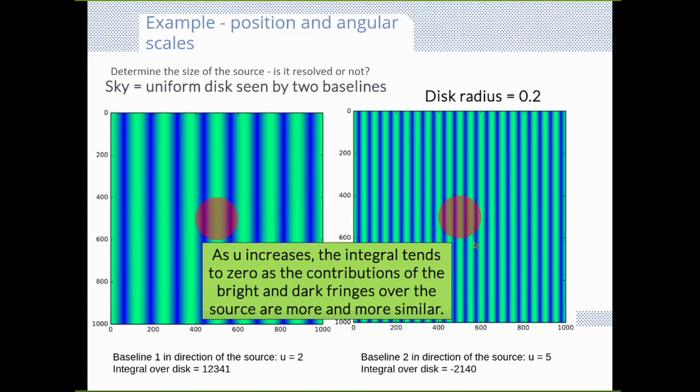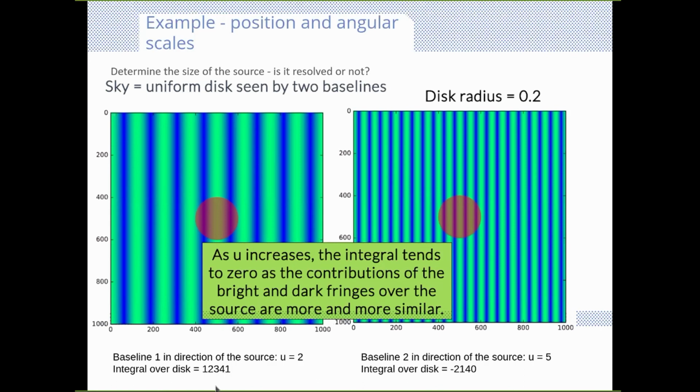Now, in order to get an estimation for the size, we're going to be relying on the resolvedness of the source. Remember, I said the source is said to be resolved if the integral of the fringes over the source, so let's say the source is a disk, as we had with Betelgeuse. The disk here is just an arbitrary radius of 0.2. Now, if we integrate the fringes over the source, then as the baselines are moved further apart and the fringes become more and more compact, then the absolute of the integral will tend towards 0, right?